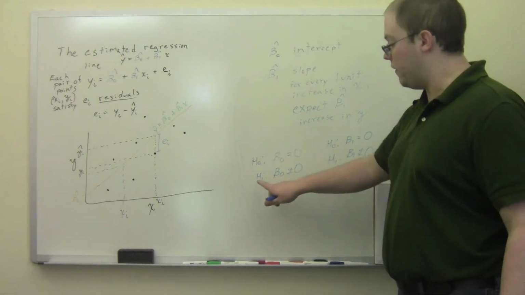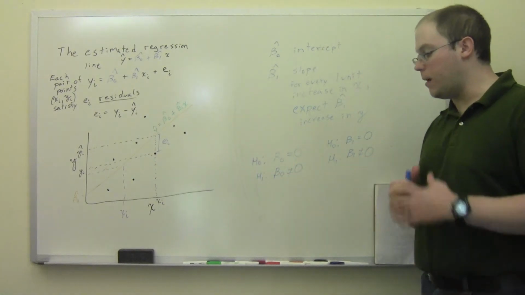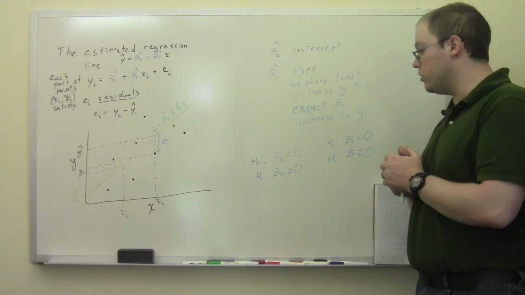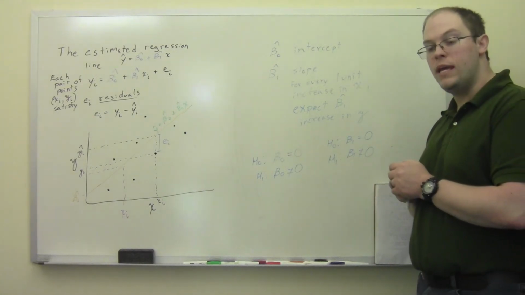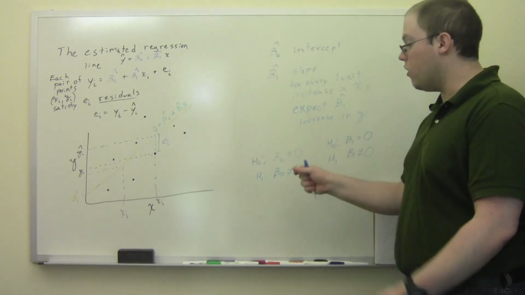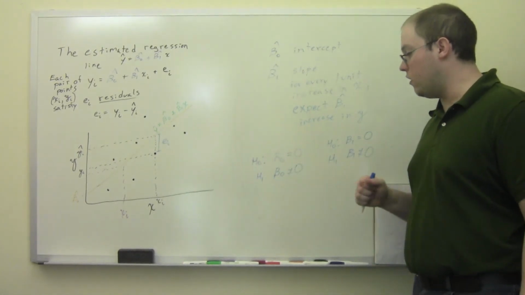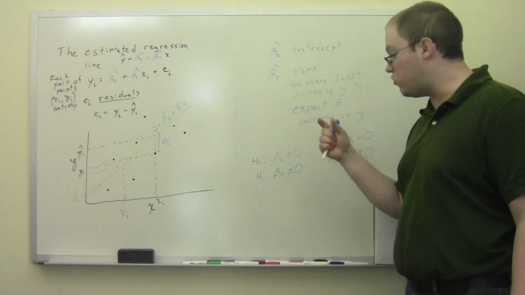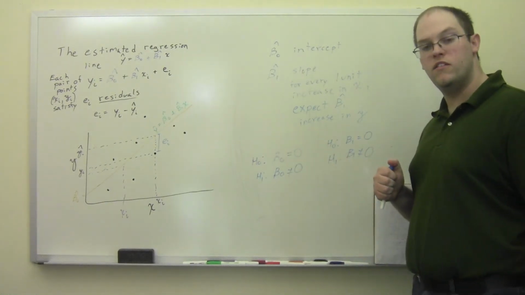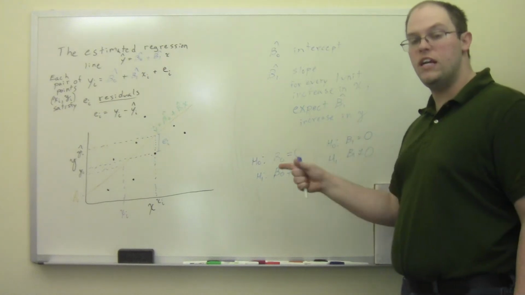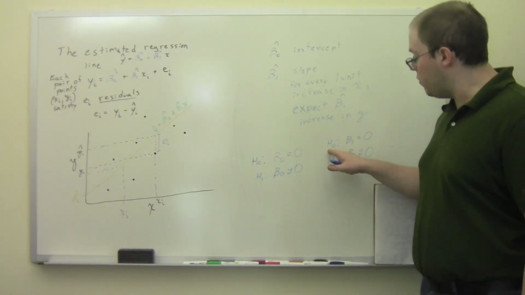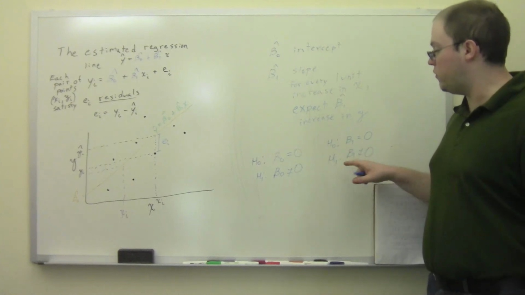So the p-value associated with these hypothesis tests is going to let us judge whether this is a good relationship or not. If we get a really small p-value, that's strong evidence to reject the null hypothesis, meaning this is strong evidence that the true coefficient is not 0, so it's a good predictor in my model. Let's look at this slope coefficient.